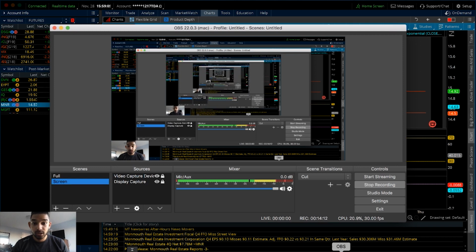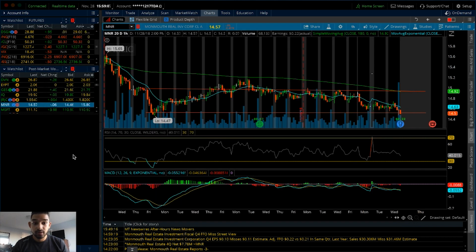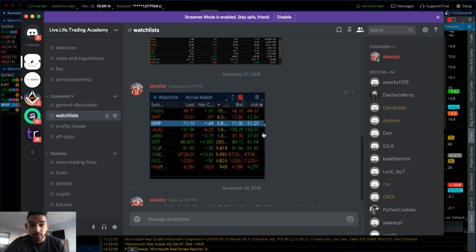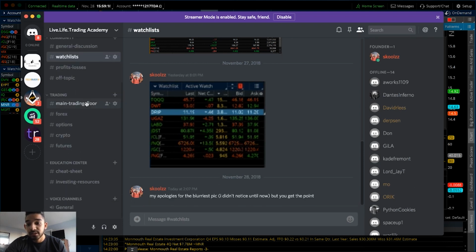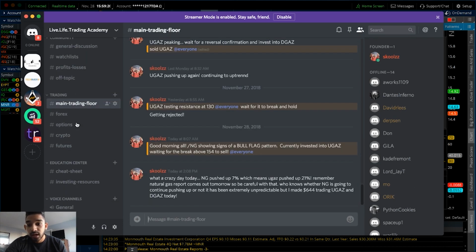Now, you might be asking, well, how do I know if I'm drawing my support and resistance lines well? Well, perfect. This is what the Discord group is for. The Discord group is amazing. I post a lot of stuff in here.